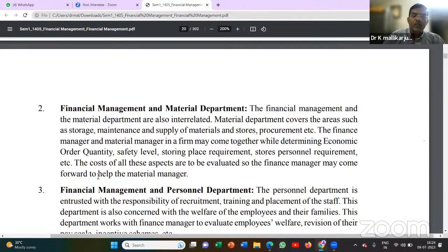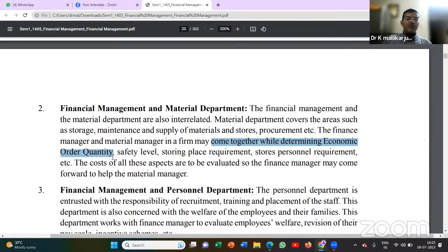The financial manager and the material manager come together to determine EOQ, economic order quantity: how much quantity we need to buy as per market demand, forecasting demand, safety level of stock, and storing place requirements. So what is the storing place requirement?